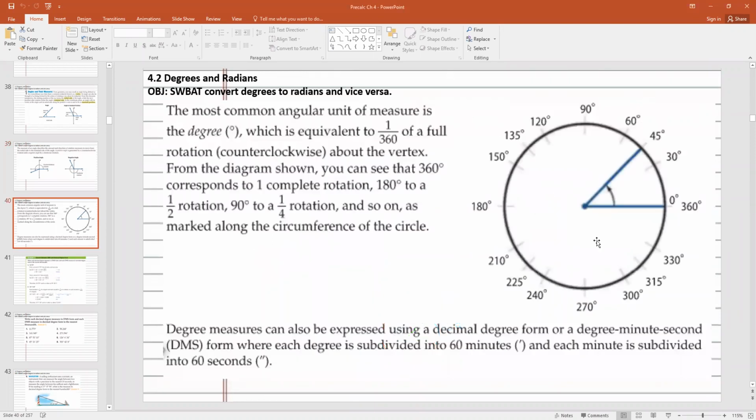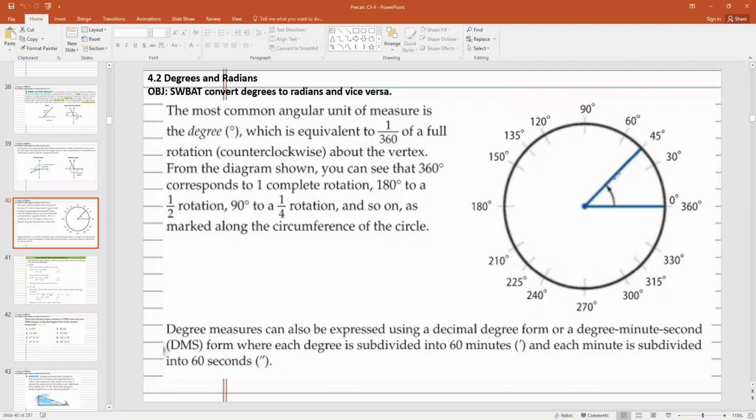All right. And this is a pretty good one to know. The most common angular unit of measure is the degree, which is equivalent to 1 over 360 of a full rotation. So a full rotation, a full circle, we know from geometry is 360 degrees, right?